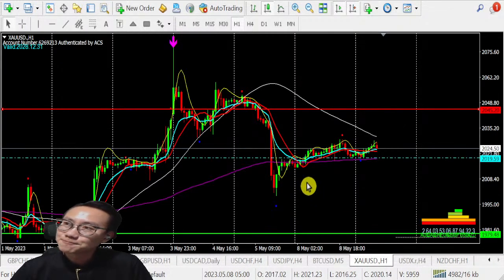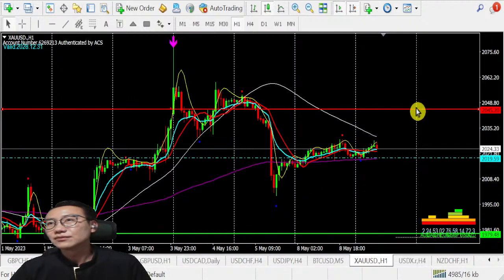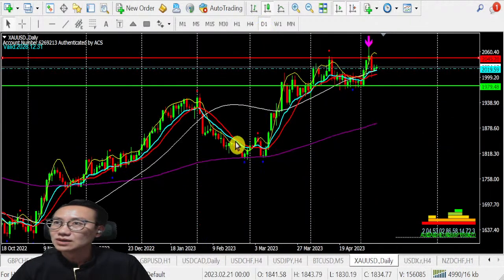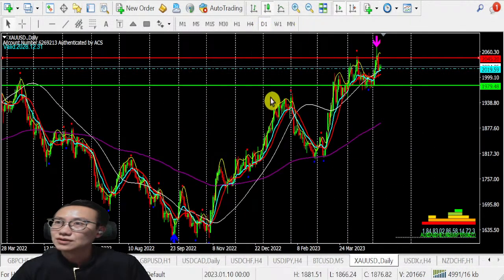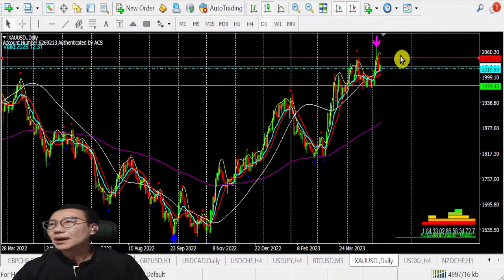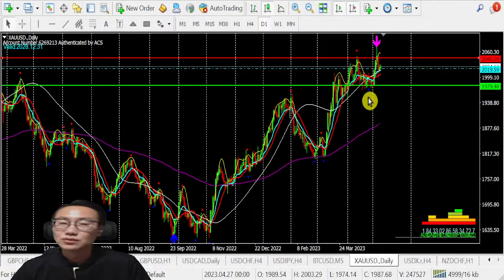So for the gold, right now from this area here, as we can see, we are going towards the north. We are heading with this support here, and it heads up again over here. I would say that the gold is going pretty strong, but there will be a point of time where it will start to pull back.